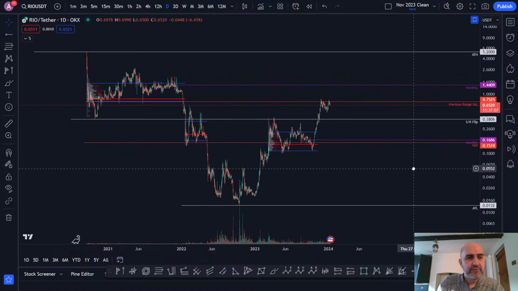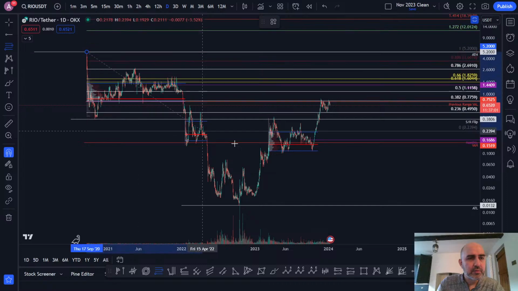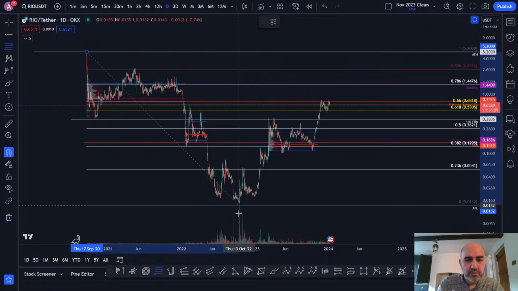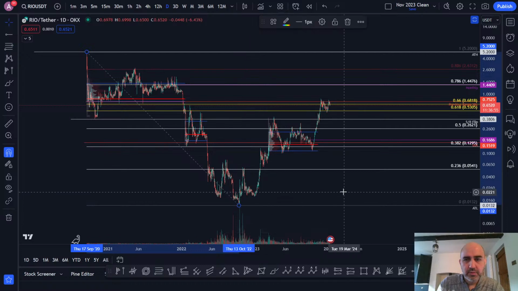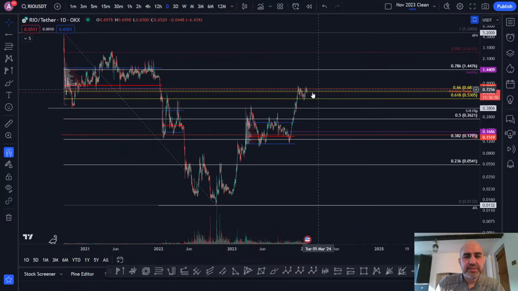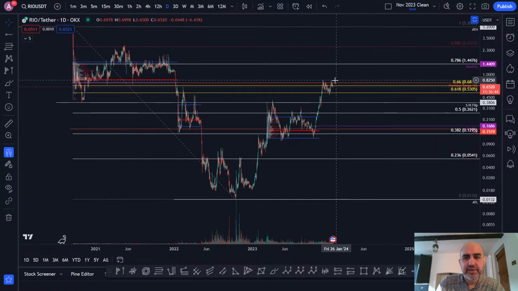And if I'm going to now pull a fib, oh look, we're into the golden pocket and into a value area, previous range value area low.